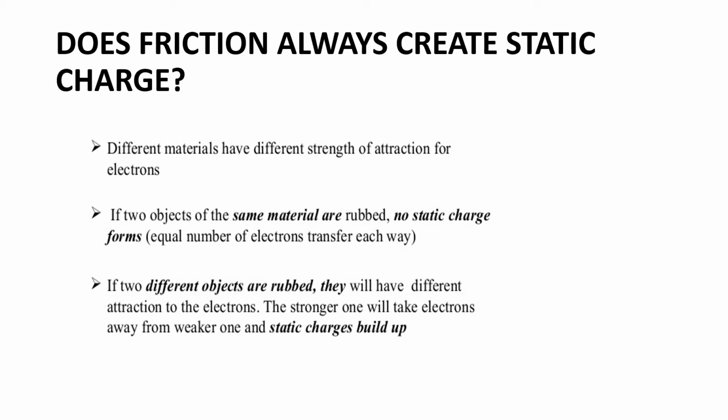So both the materials we rub should be different materials, not the same. If two different objects are rubbed, they will have different attraction to electrons. The stronger one will take electrons away from the weaker one and static charges build up.